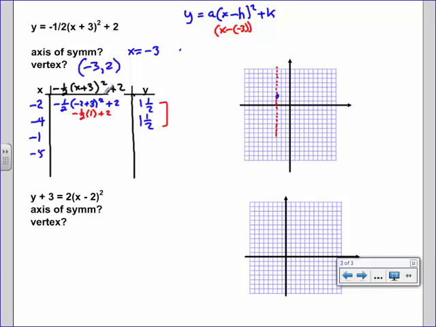If we put in negative 1, negative 1 plus 3 is 2, squared is 4. So you have negative 1/2 times 4 plus 2. Well, negative 1/2 times 4 is negative 2, plus 2 is 0. And we'll have the same calculated value for negative 5.